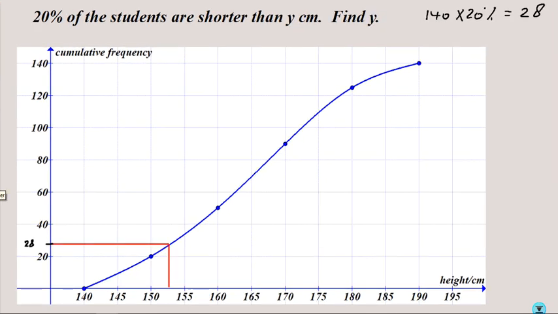And this looks like 153 perhaps. So 20% of the students are shorter than a certain height, and that height is 153. So from 140 to 153, there are 20% of the students, and those are their heights.